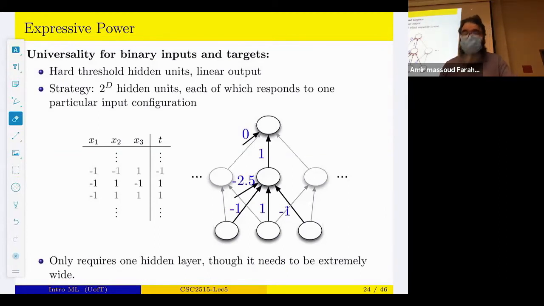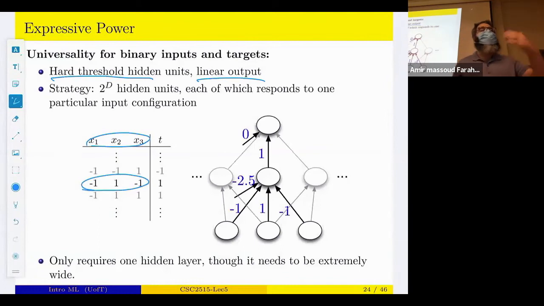Another way to think about it is that, suppose we have hard threshold hidden units and linear outputs, and now we have these inputs, for example X1, X2, X3, for each of the combinations, like -1 or +1, where -1 represents false, for example. This is the desired output. Essentially, this shows that we can do this computation.